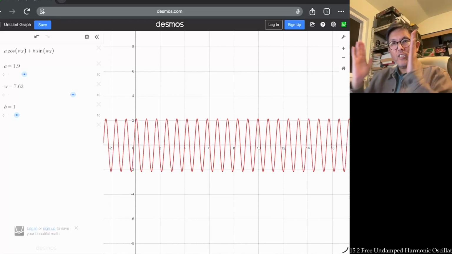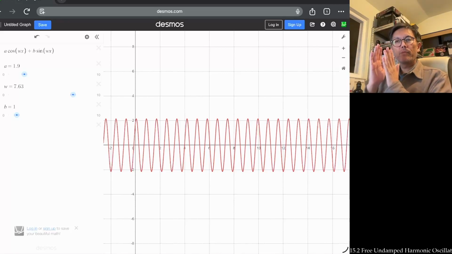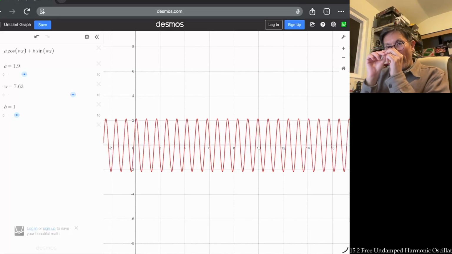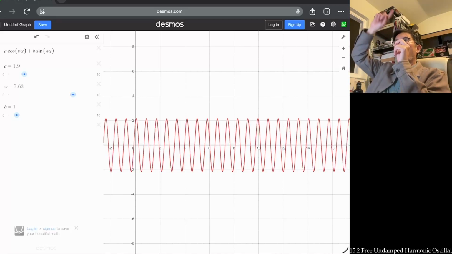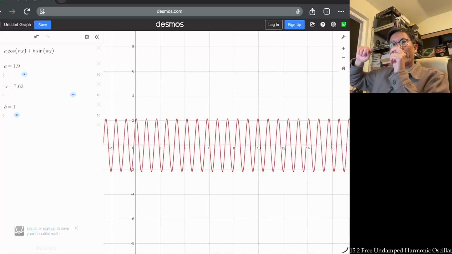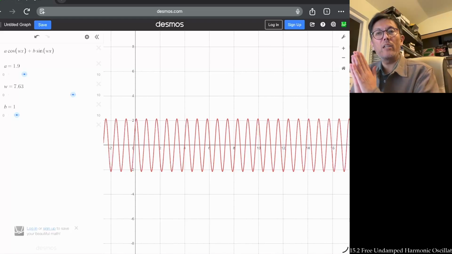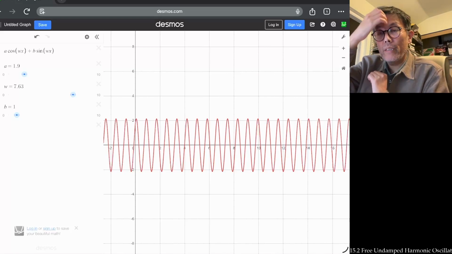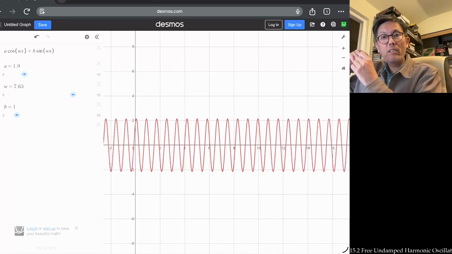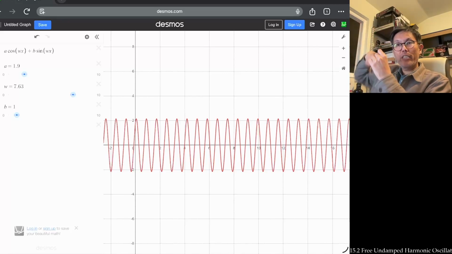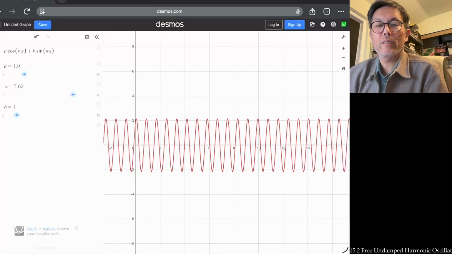The period gets smaller. The wavelength, the amount of time that it takes to do one full wave, one full up and then down and then back, also gets smaller. That's the same thing as the period. The frequency increases. The number of oscillations per second increases.